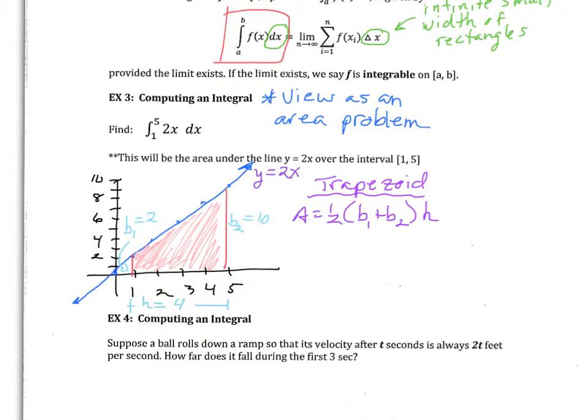And so you're going to plug all these values in. Our b sub 1 is 2. Our b sub 2 is 10. And then our height is 4. So we get 1/2 of 12 units times 4 units equals 24 units squared.